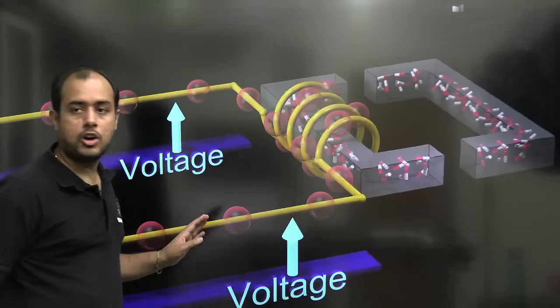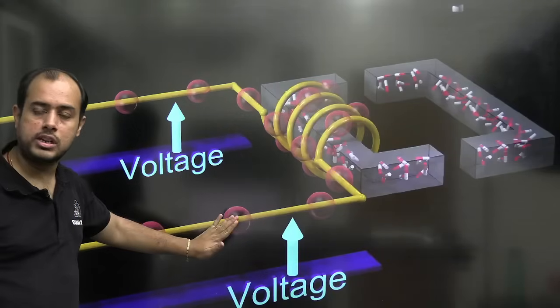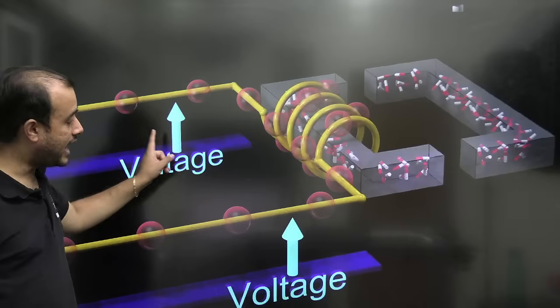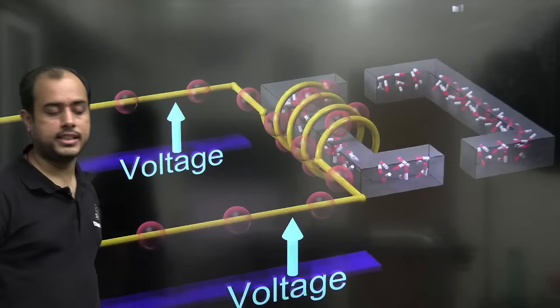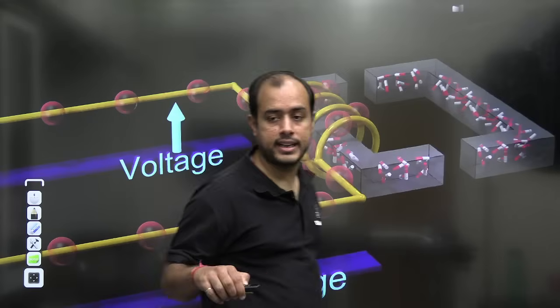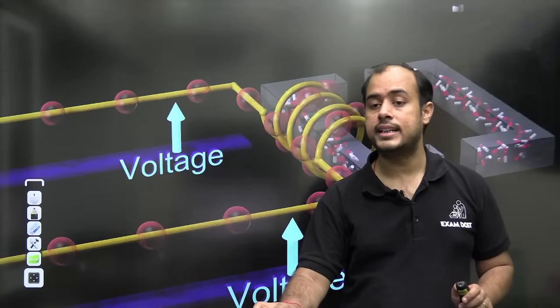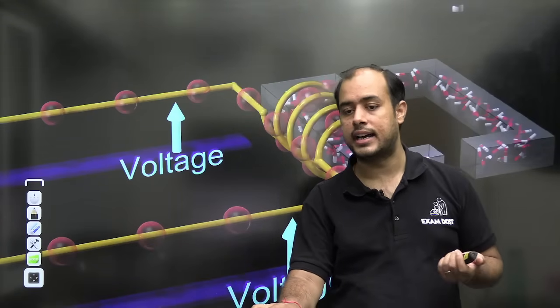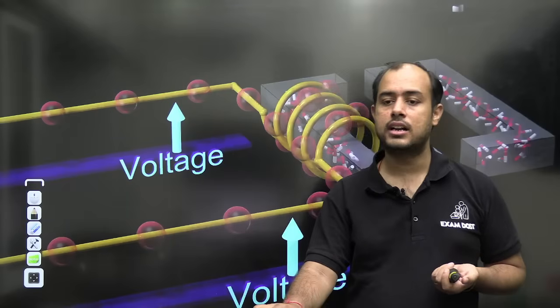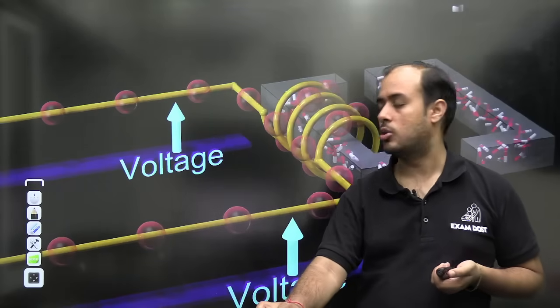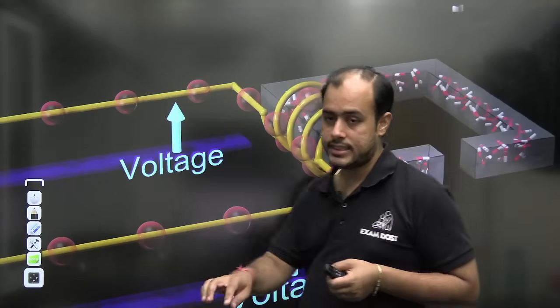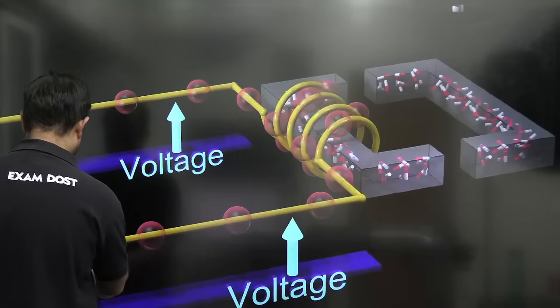So now beta, I have equal voltage on the two sides. That means the potential difference is zero, which means the current is taken as constant. My current will remain constant. Okay, now let's see what happens.